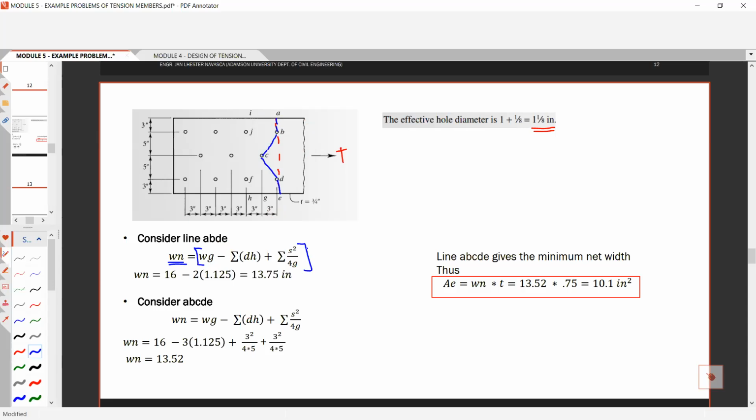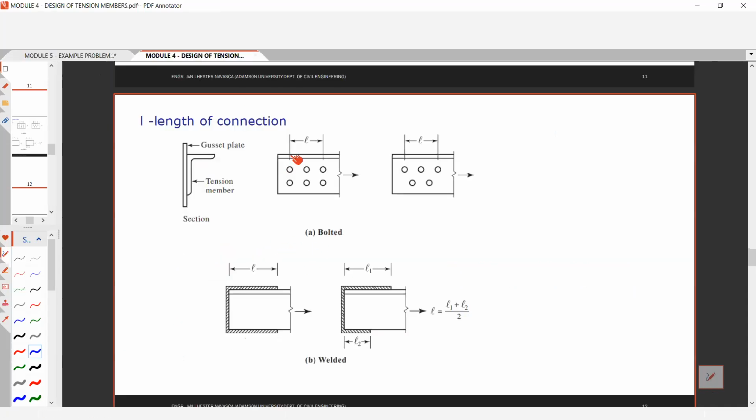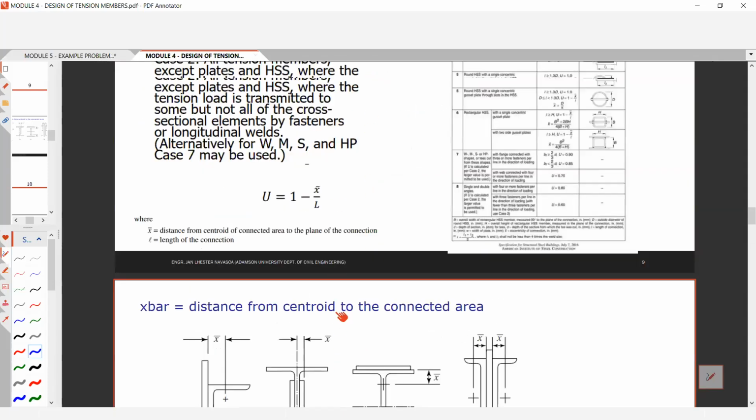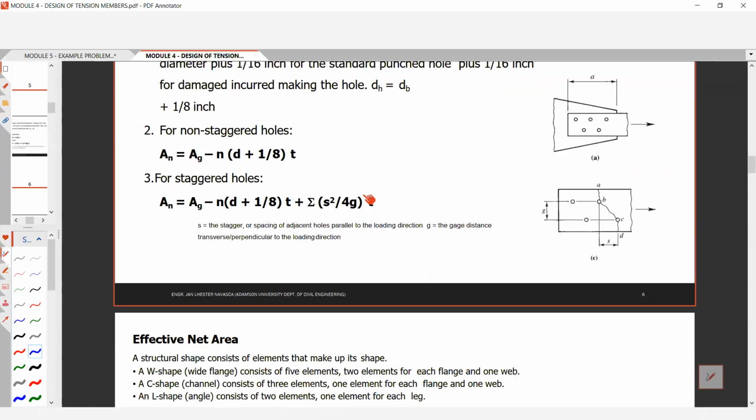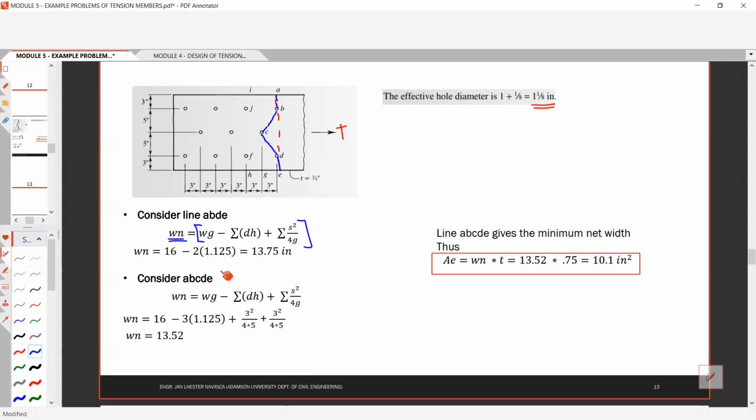So net width is the gross width minus the summation of the diameters of the holes plus the summation of S squared over 4G. So we just removed the thickness. The thickness is factored out. So that is your net width. In AG, you also have the thickness, so if you factor out thickness, you have the net width.